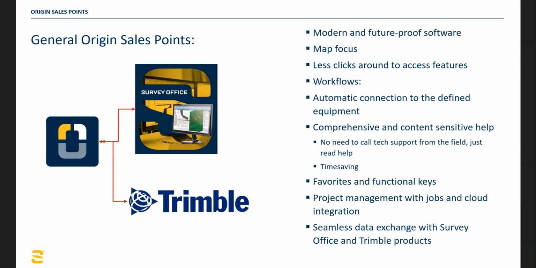But now it's very easy. To download things to Survey Office from Origin, you just connect your Ranger 7 or a Mobile Mapper 60 with the USB cable to your system, and then it becomes automatically visible in Survey Office. For a data exchange, the best way would be to use JXL files or DC files.